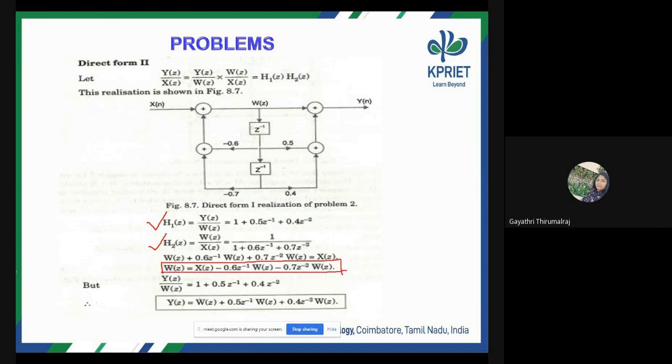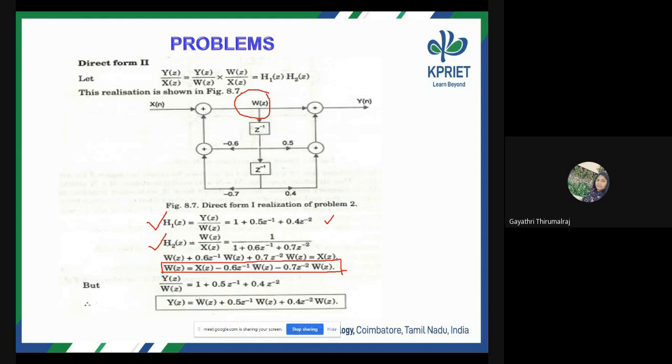But we know y of z divided by w of z equals this one, from the h1 of z value. So what will be your output? Why are you finding this w of z here? In direct form 2 realization, you have this intermediate variable w of z, and you have to know this output. For finding the output only, we have simplified the equation from h2 of z.